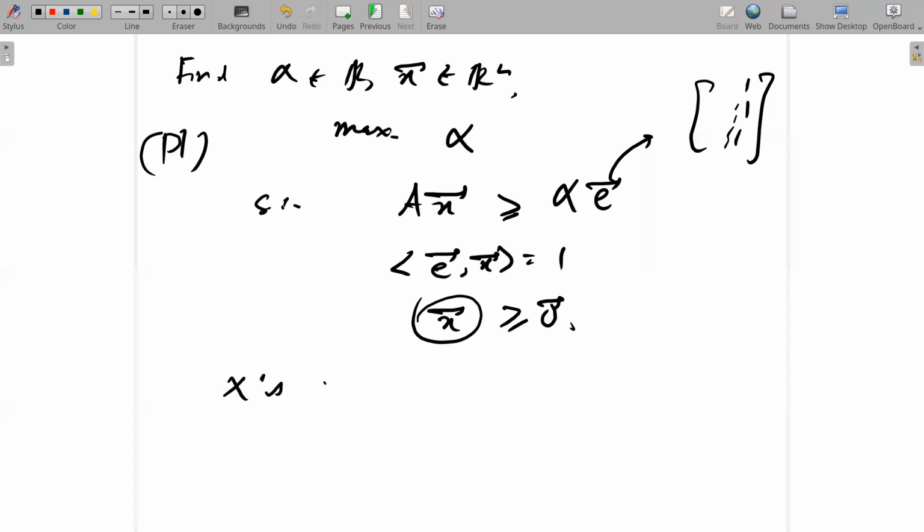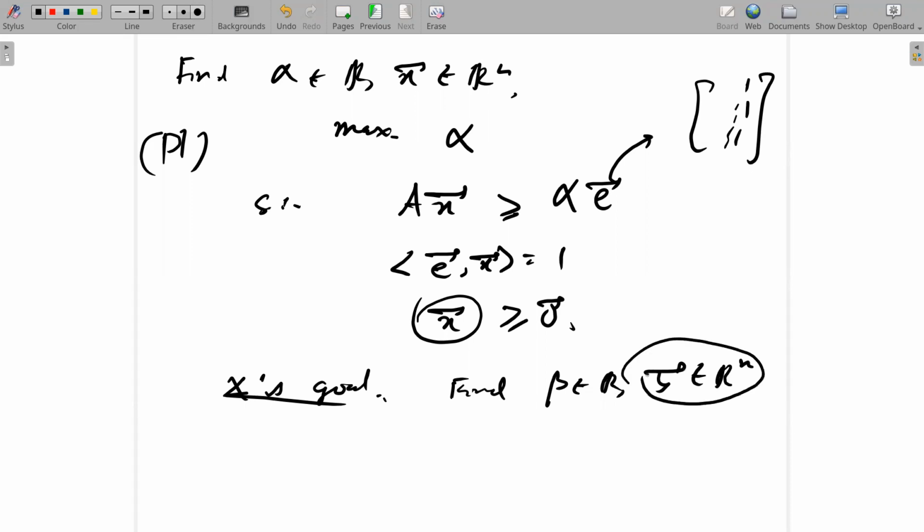Now Y's goal is to find beta in R and Y in Rm. X will give the strategy of X, these probability vectors, and Y will give the strategy of Y. So he wants to minimize beta such that Y transpose A is less than or equal to beta E transpose.